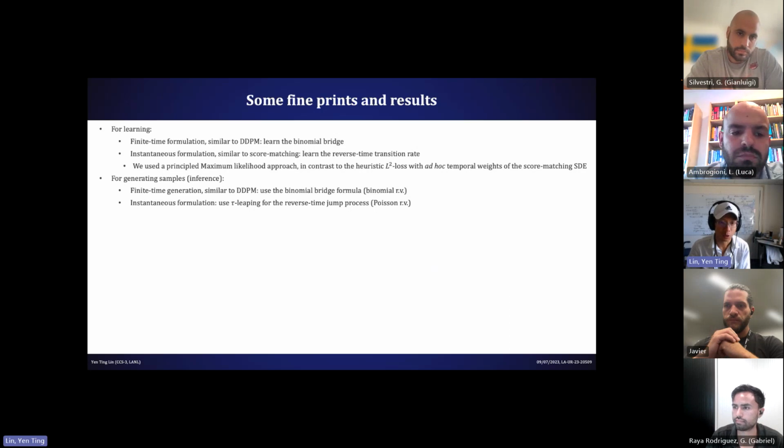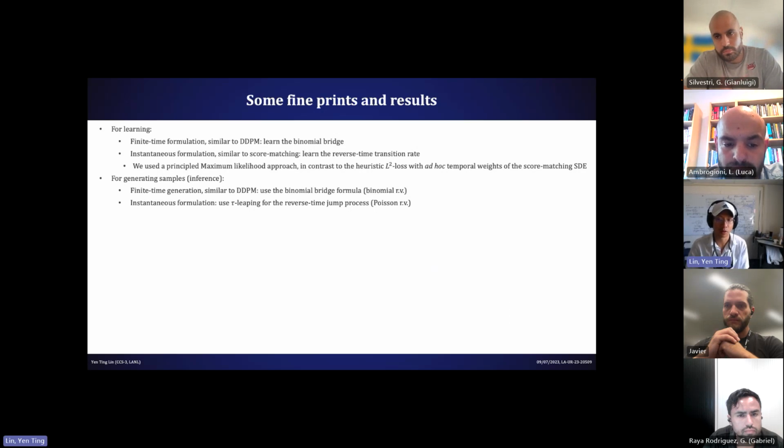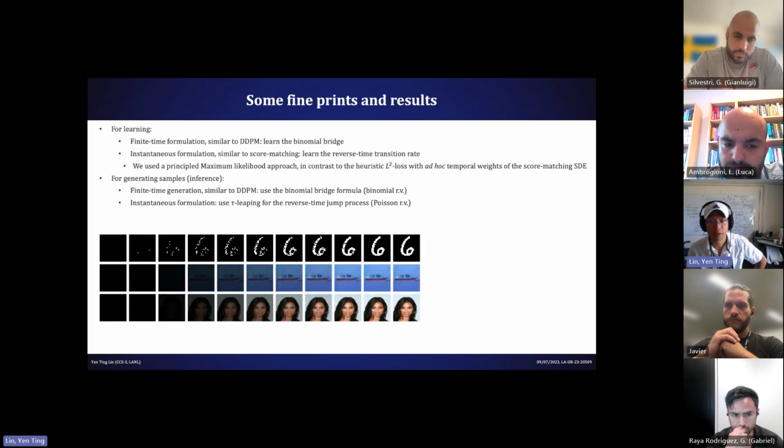The corresponding Euler-Maruyama for jump processes is called tau leaping, and that's what we do. The fundamental statistics here, if you're using the first one, is a binomial random variable. If you're using the second, it's a Poisson random variable. Both give you roughly the same behavior. We tested on binarized MNIST, CIFAR-10, and CelebA 64, and they just work.